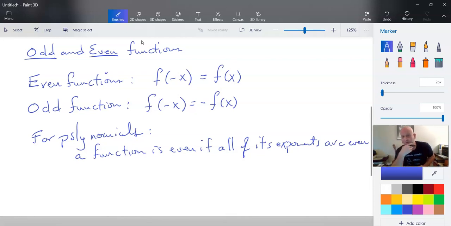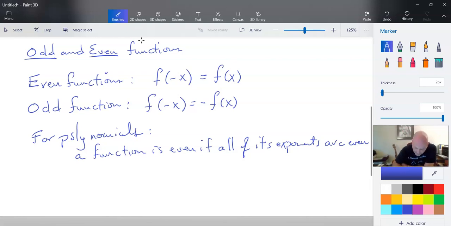Later on, those of you who are climbing the ladder up to calculus, in the second semester, you actually get to see that things like sine and cosine can be represented as polynomials. They happen to be infinite polynomials, but even then, you look at the polynomial representation of cosine and all of the exponents are even. If you look at the polynomial representation of sine, all of its exponents are odd.